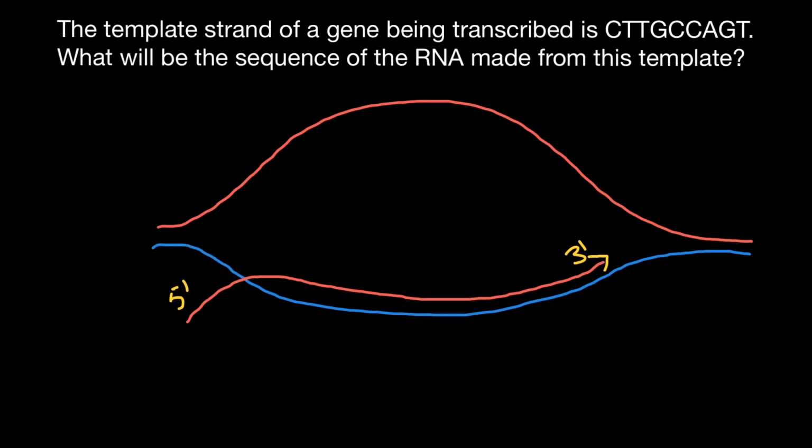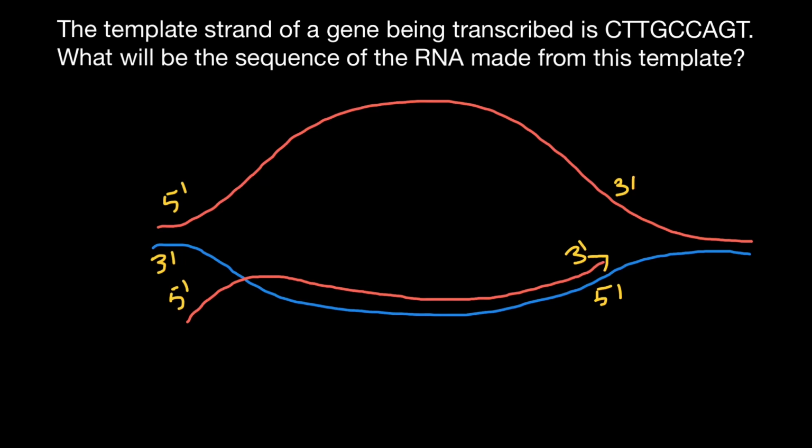That means that this strand of the double-stranded DNA has to be 3' end, and this one 5' end. And also we would have 5' end here and 3' end here. You see that the 5' end of the messenger RNA and the 5' end of this strand of the DNA are the same, in the same direction.